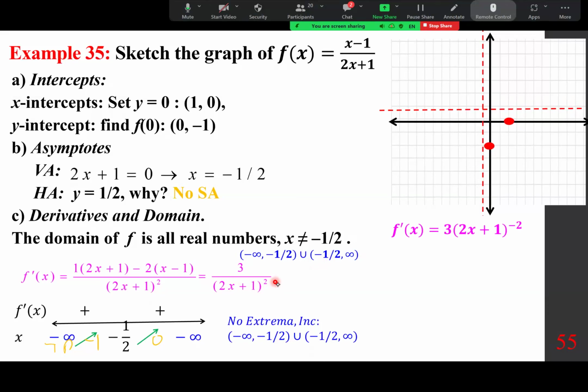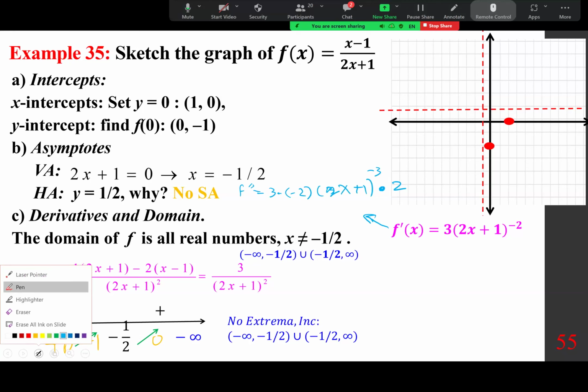So to get f double prime, I get 3 times -2 times 2x plus 1 to the power of -3 times the derivative of the inside, which is 2.